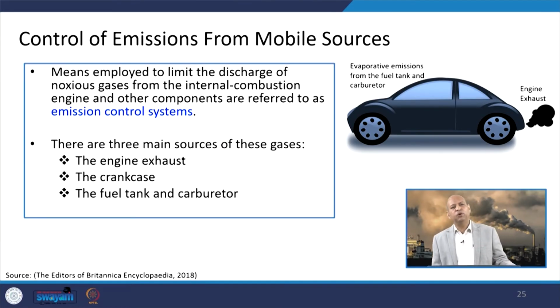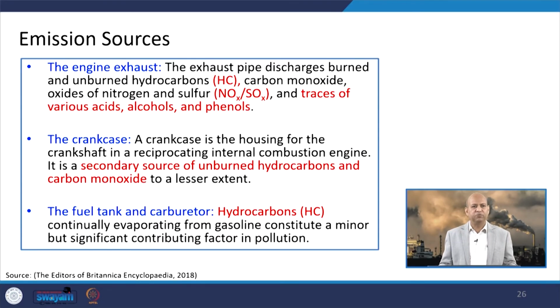Well, when we talk about controlling mobile sources, then there are three main sources of gases or emissions from cars etc., like engine exhaust, crankcase, and the fuel tank and carburetor. So, at these points different kinds of mechanisms are employed for controlling the emissions.